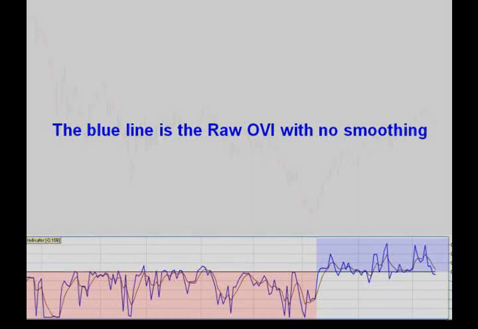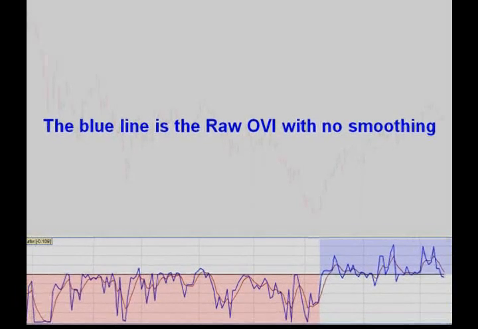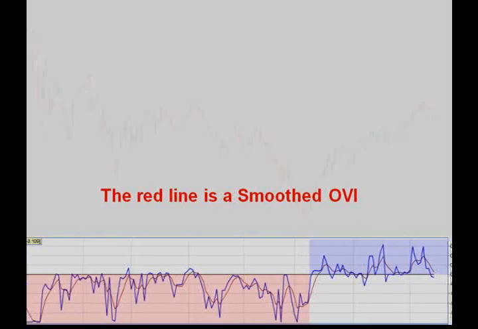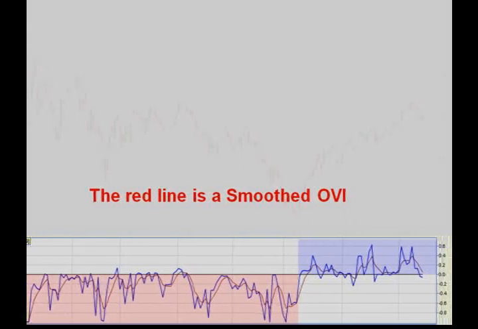Now, you see there are two lines. There's the blue line, which is the raw OVI with no smoothing, and then there's the red line, which is a slightly smoothed OVI. You'll also notice that the OVI has a center line, so it has a reading of 0 to +1 and 0 to -1. Just using pure logic, when the OVI is under the center line, you can generally expect a bearish market, and when it's above the center line, you can generally expect a bullish market.